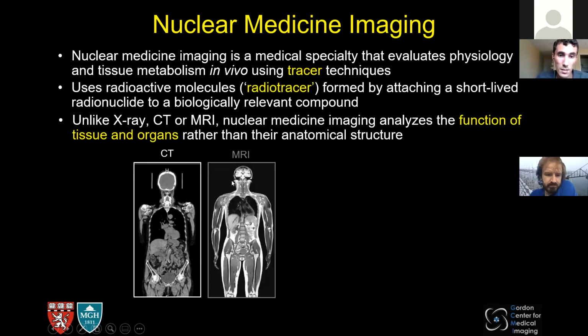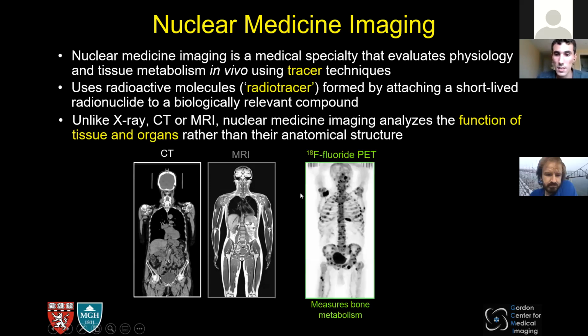MRI similar, although it uses a very different contrast mechanism, but still you can see very detailed anatomic information. So look at the brain, for instance, much more detailed than what CT is providing, because you can see, for instance, differences between gray and white matter, but overall you see, of course, this is anatomic information that you're getting. So compare that now to what PET can provide you.